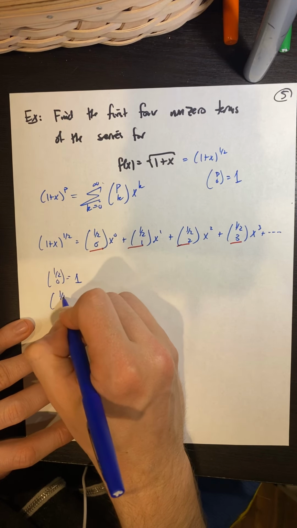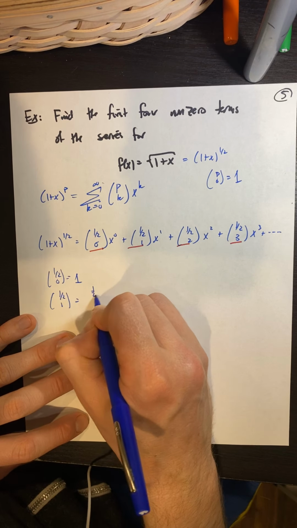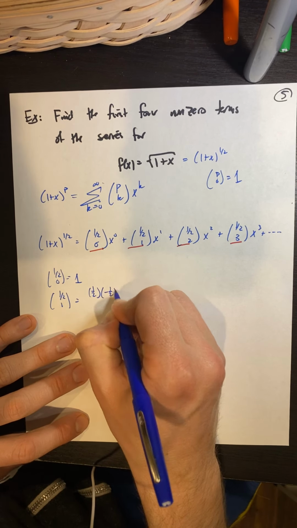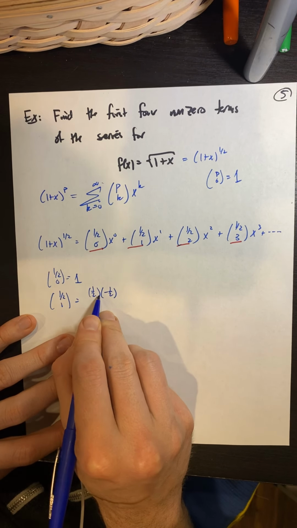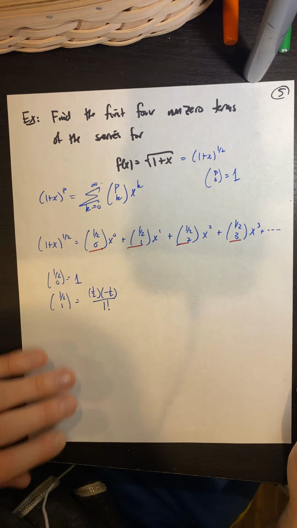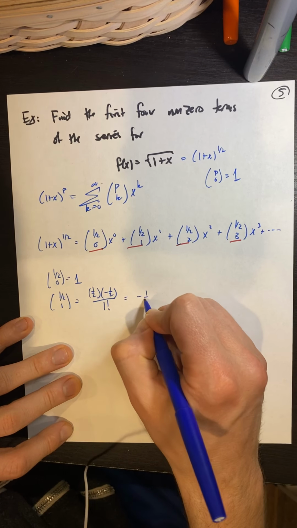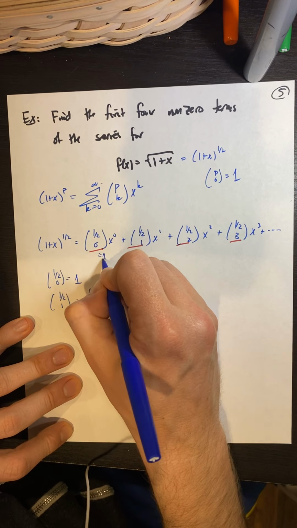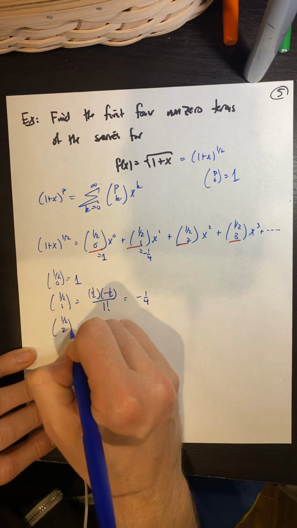So 1/2 choose 1. What is that defined as? By definition, this says to take 1/2, multiply it by the number that's exactly 1 less than it. So I'm subtracting 1. So 1/2 minus 1 is negative 1/2, over 1 factorial. Okay, that's it. So this would be 1/2. So this is 1, this is 1/2. Then 1/2 choose 2.